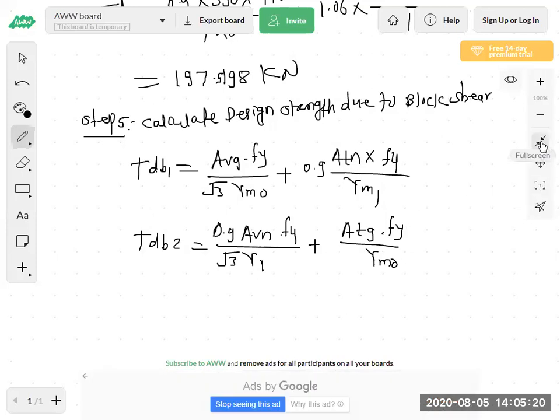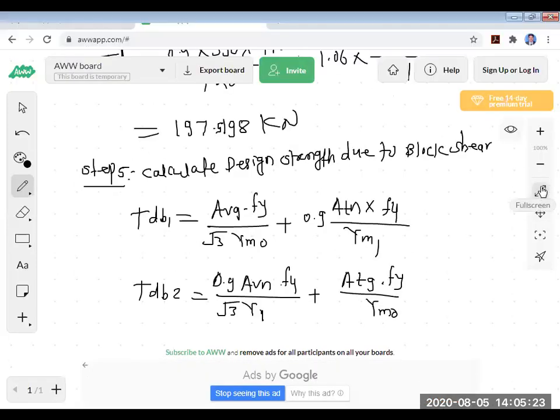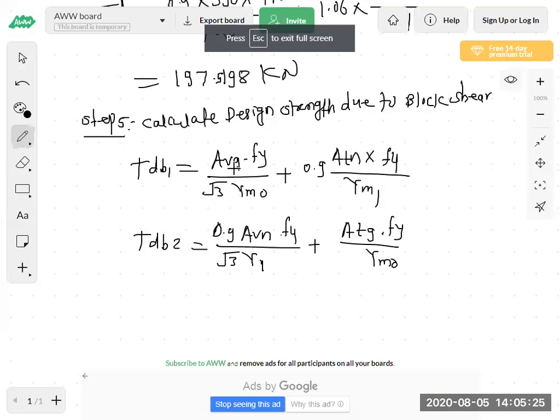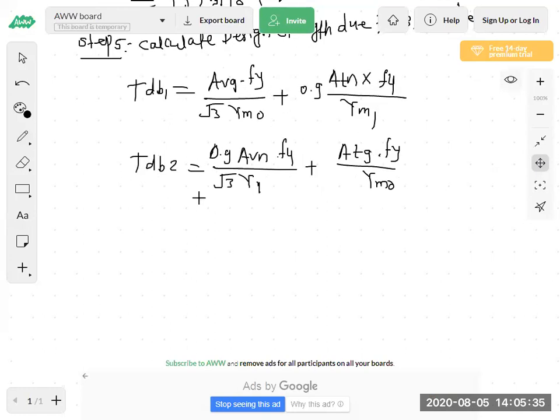Now, here our target is to find these four areas: AVG, ATN, AVN, and ATG. These four areas we have to find out here. So we will first find these four areas, then we will calculate TDB1 and TDB2. But before that, we will see by the figure how the block shear failure will happen.